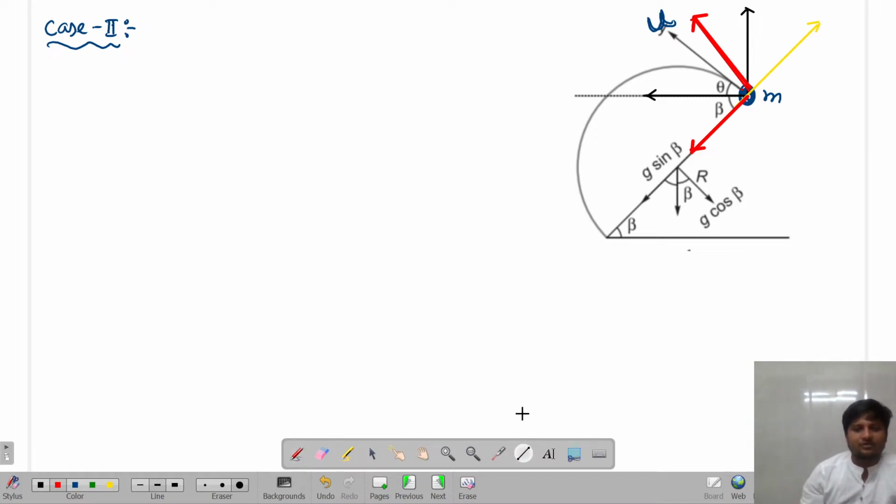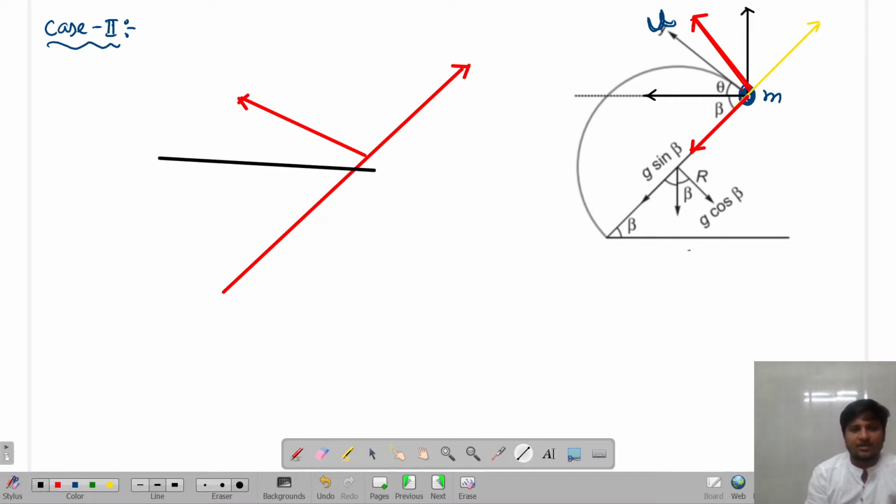I'll try to just show you over here. This is one of the inclined planes, and here this is my initial velocity of the particle, making angle theta. This is my horizontal, you can draw it over here. Are you guys able to understand me? This is my horizontal, and for that I have a vertical.